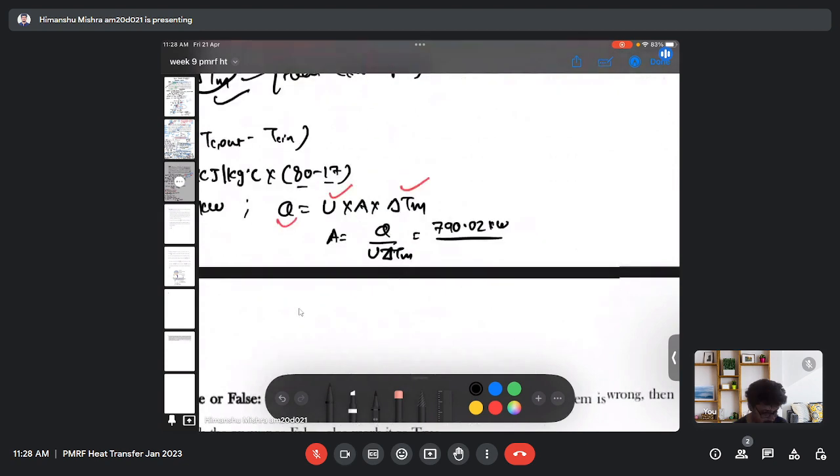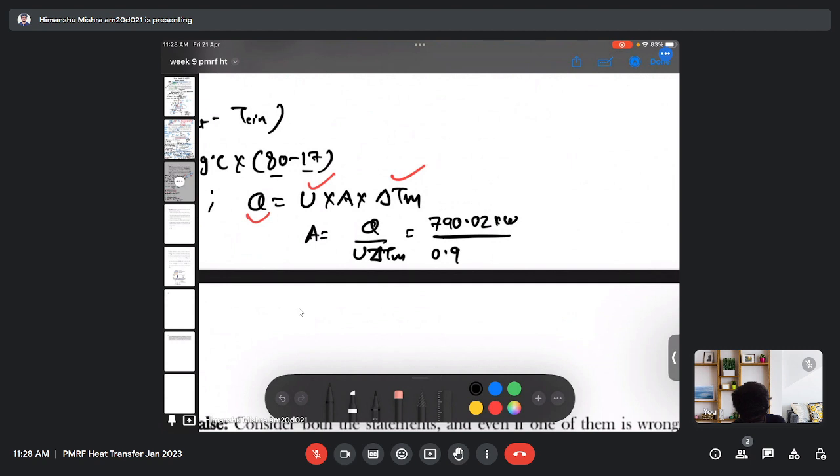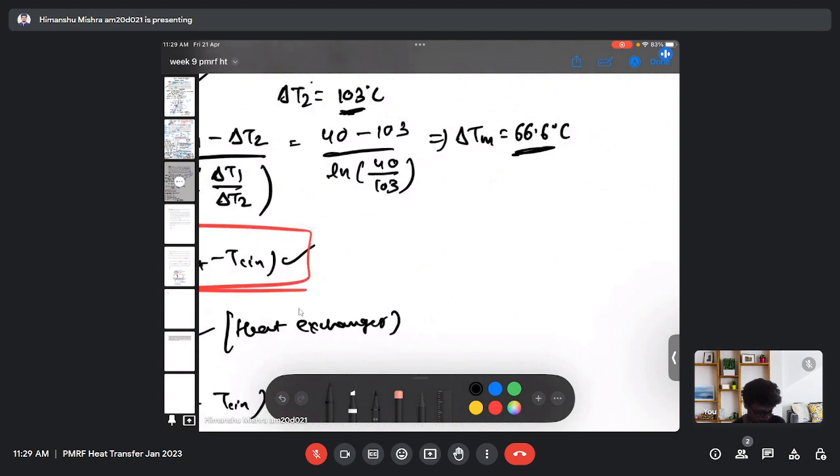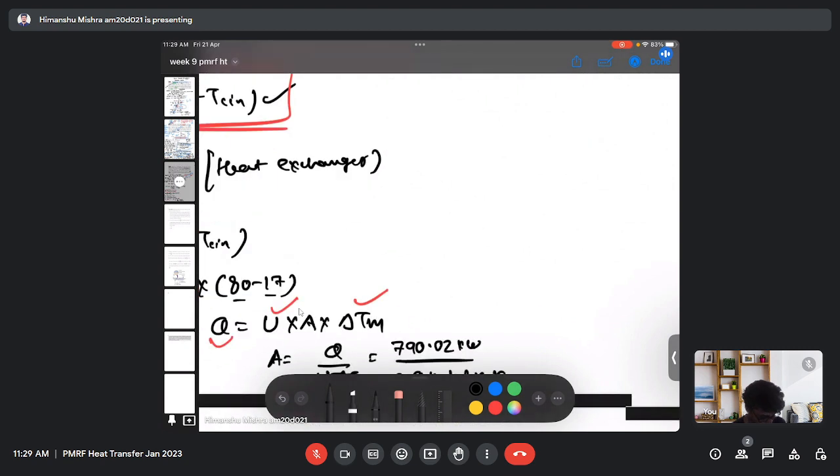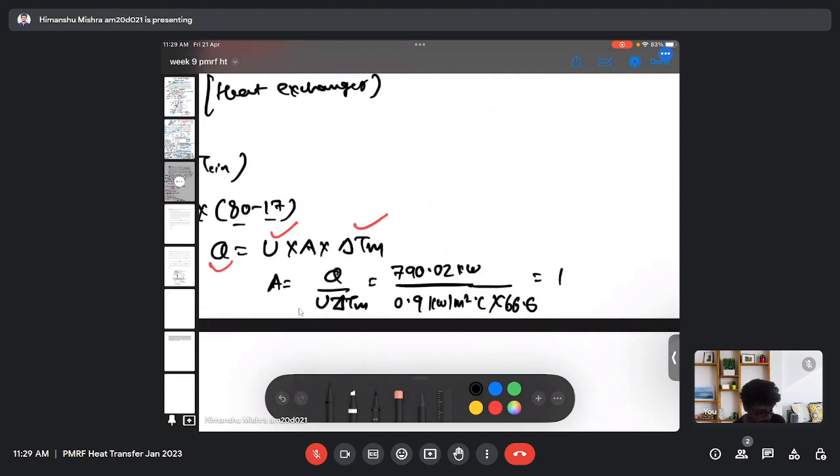I'm also writing this in kilowatt, which is 0.9 kilowatt per meter square degree Celsius, and my log mean temperature difference was 66.6. So my area will be 13.18 meter square.